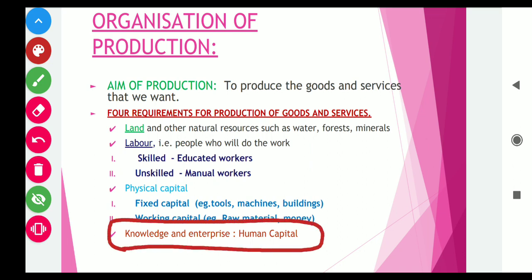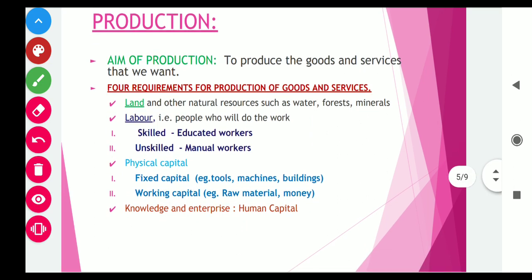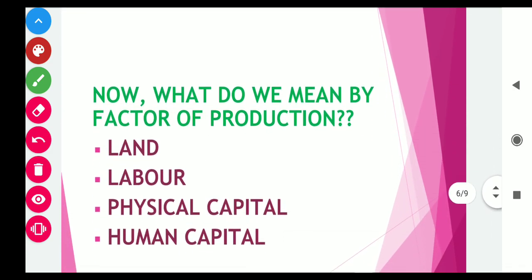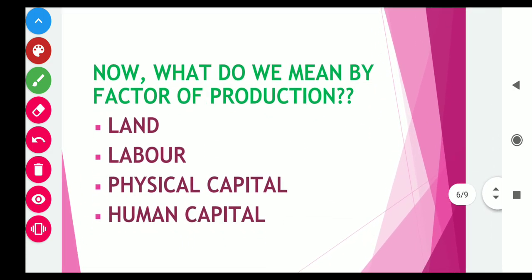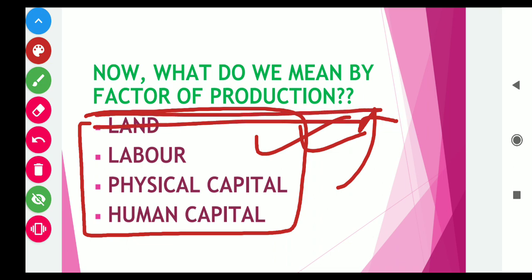More about human capital we will learn in the next chapter. Now, for every production, we need to combine land, labor, physical capital, and human capital. And the combination of these are known as the factors of production.